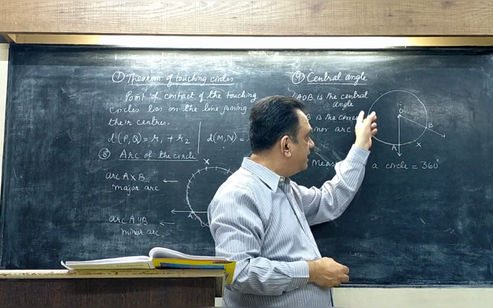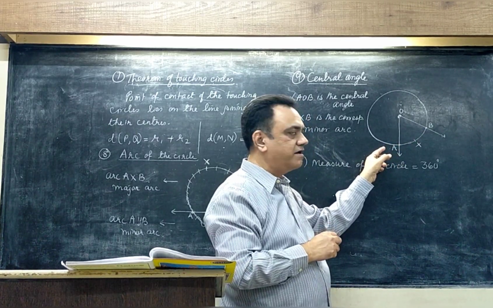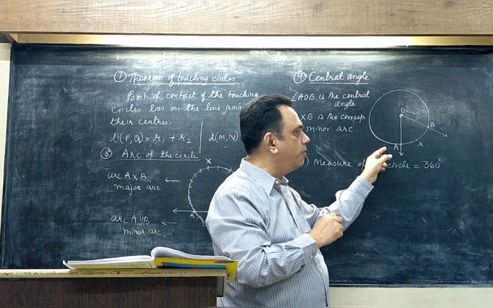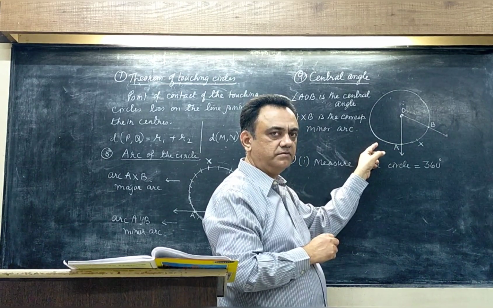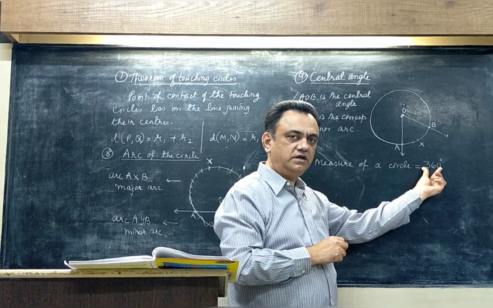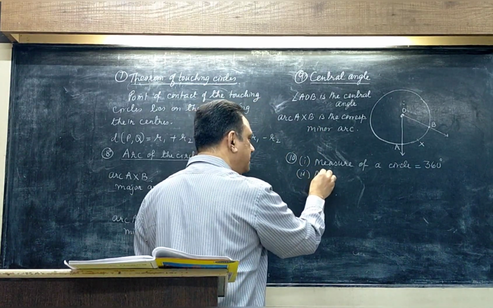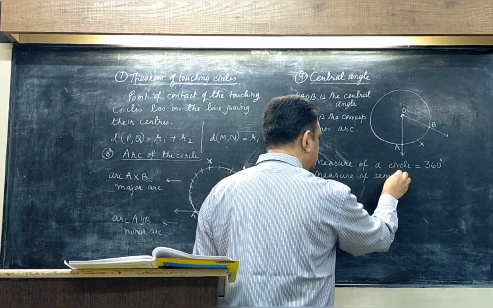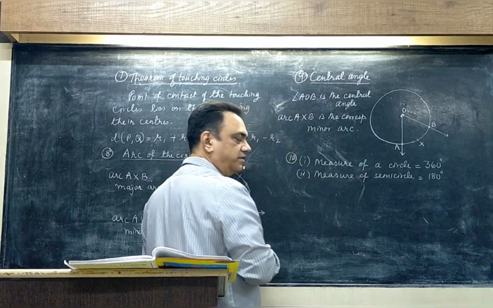If you want to find the length of the circle with radius r, then the length will be given by 2 pi r. That's the perimeter or the length of the circle, but the measure of the circle is 360. Measure of semicircle will be 180 degrees.